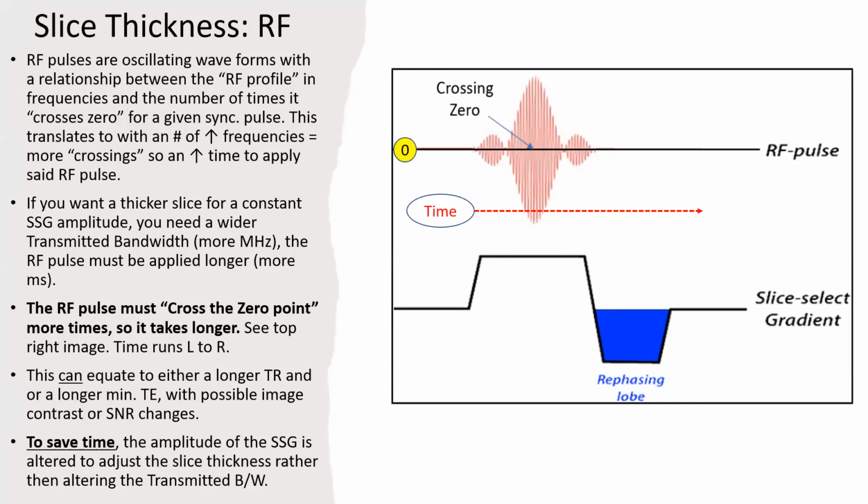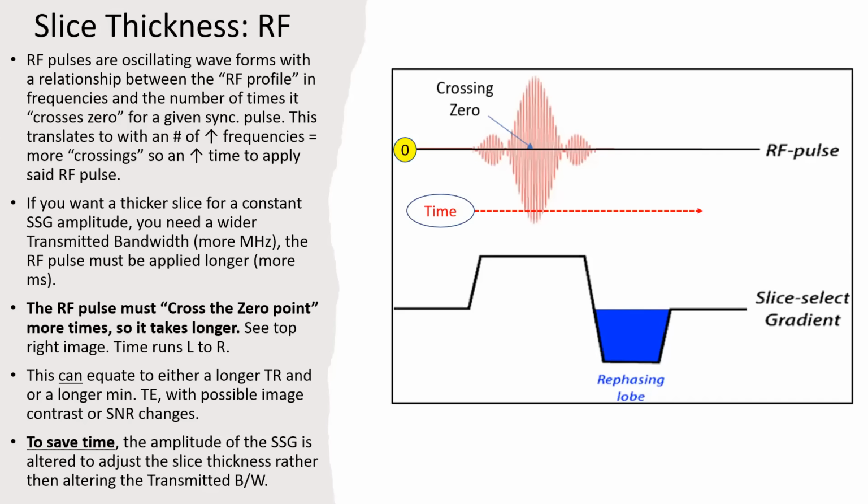It's going to go above and below that dark line that's measured 0, over and over and over again. That's called crossing 0. The more RF, the more time it needs to cross that line. It's going to take more milliseconds to do it.